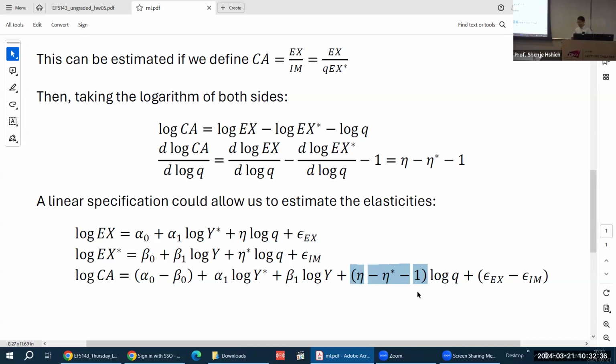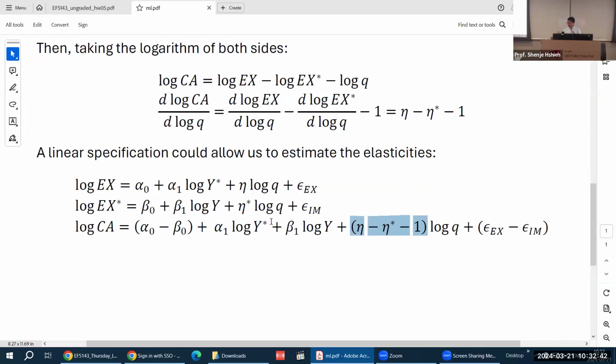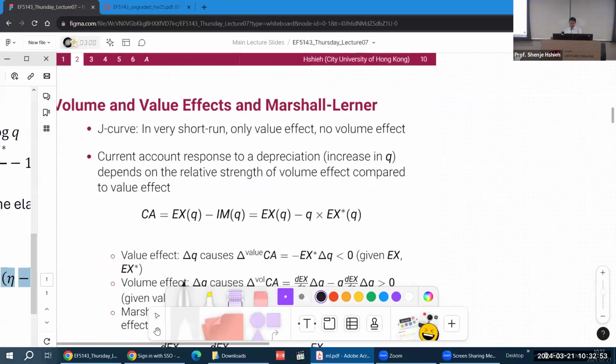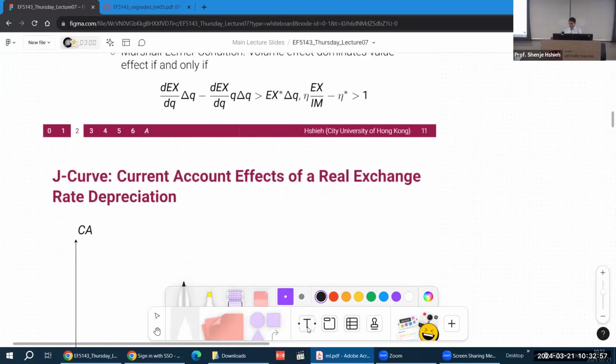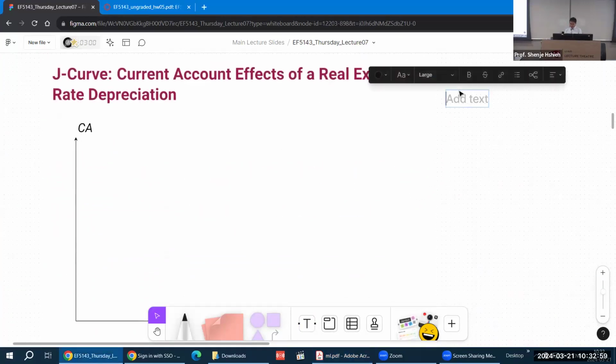If not, you can do a vector autoregression, which I won't talk about here. Okay. All right. So if you estimate it in this fashion, we could actually do what's called an impulse response function.